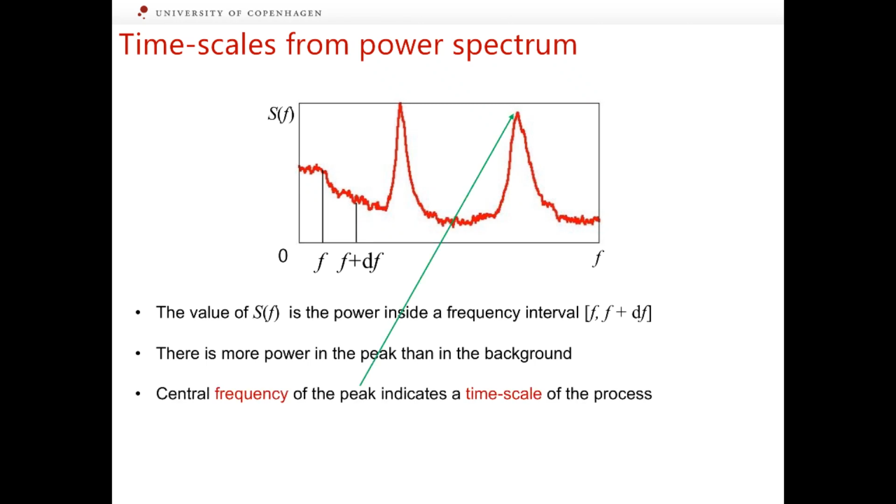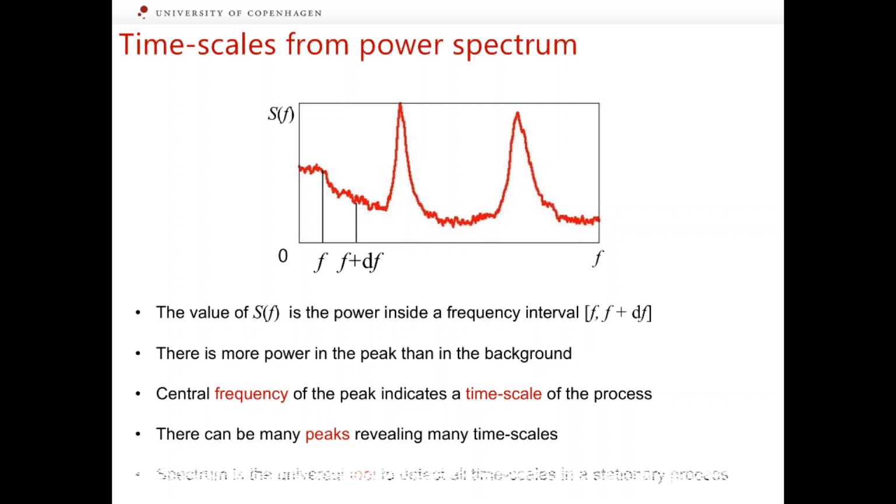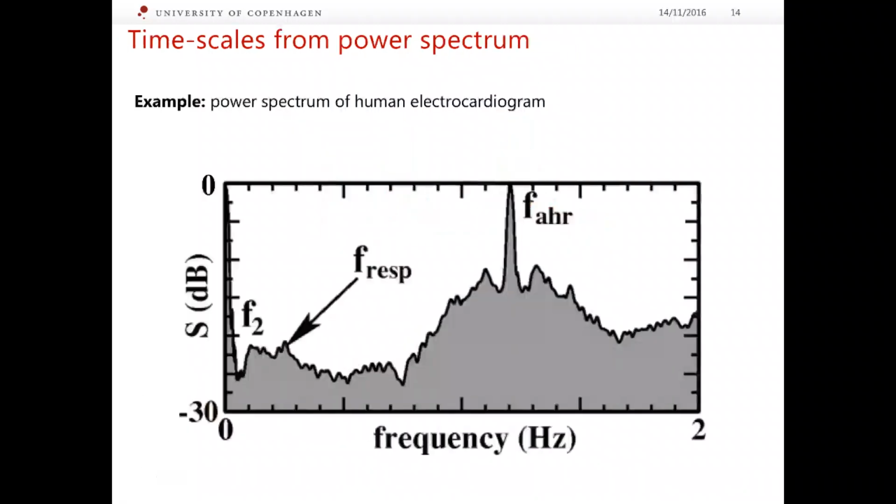The central frequency of a spectral peak indicates the value of the time scale in the process. There can be several peaks in the spectrum, which indicate several time scales present in the process. The power spectrum is a universal tool to detect all time scales involved in a process if this process is stationary. Here, an example of the power spectrum is shown, which is obtained from a human electrocardiogram.